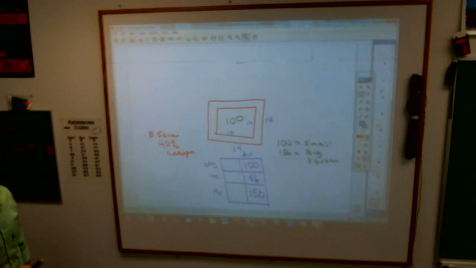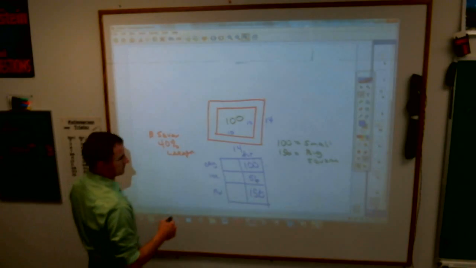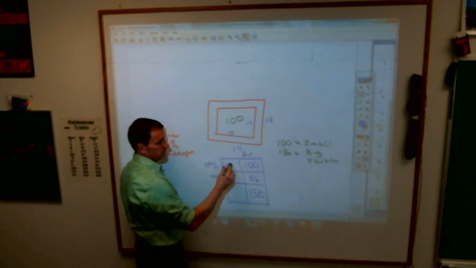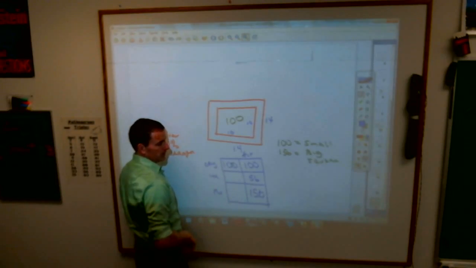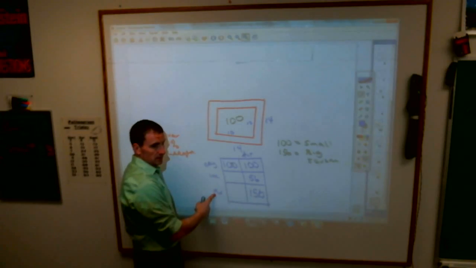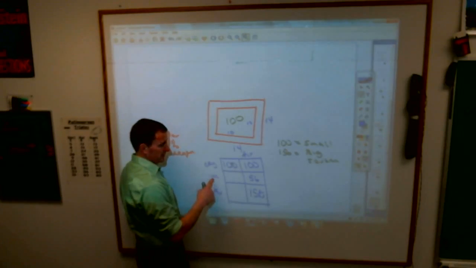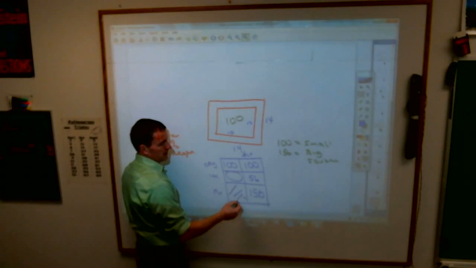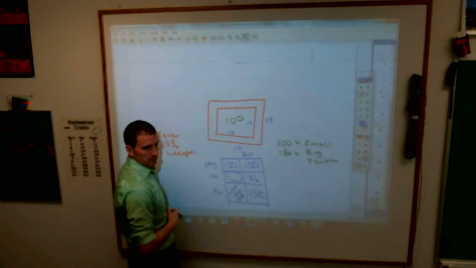The area of the large circle is what percent greater than the area of the smaller circle? What's my original percent? Am I looking for what percent increase it was or what the final one is? Did I not see the word greater? Is the word greater in there? If it's asking for how much greater it is, that's the increase. You don't need this.